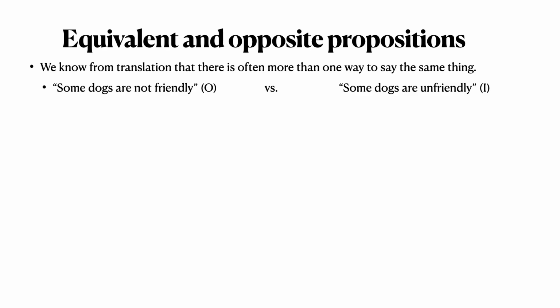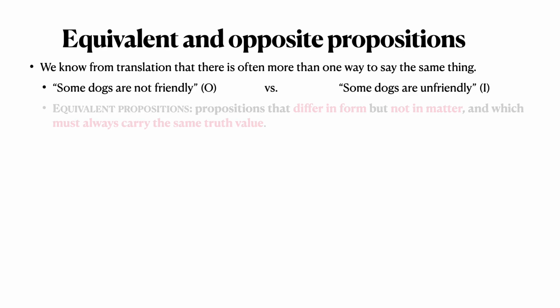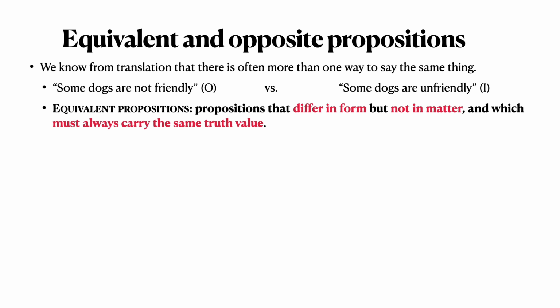That probably doesn't matter very much. That's because we have negated, in one case, the copula, are not, and in the other case we've negated the predicate. We've made friendly into unfriendly. And there are some situations where that might not work, but here I think it works pretty well. And so these would be an example of something we'd call equivalent propositions.